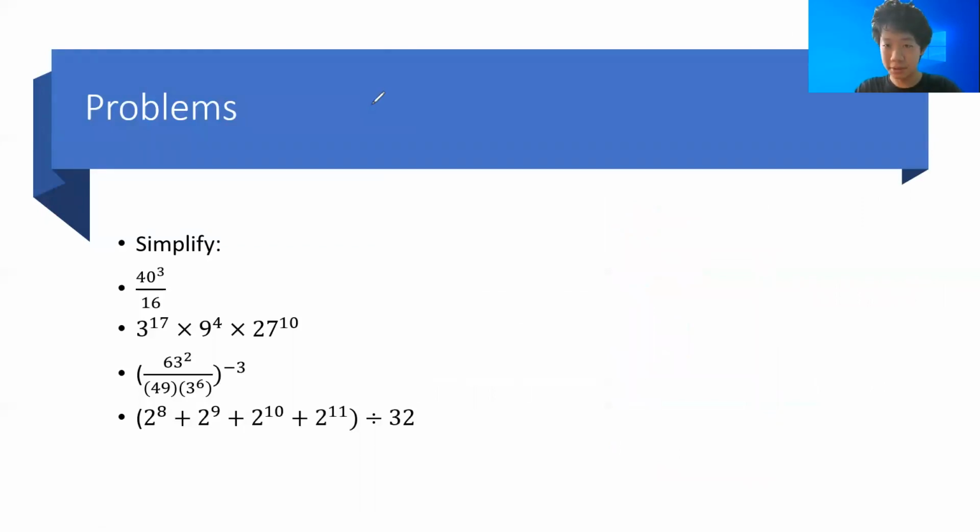These are pretty simple, and they're just basically following the exponent rules. If the numbers are too big, then just write them as an exponent.